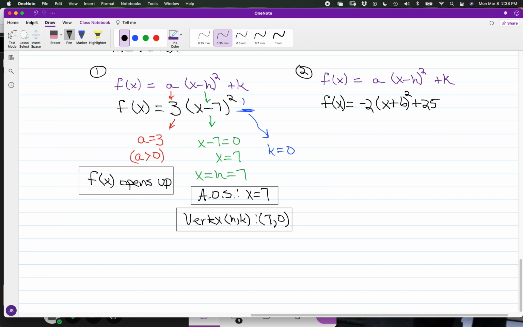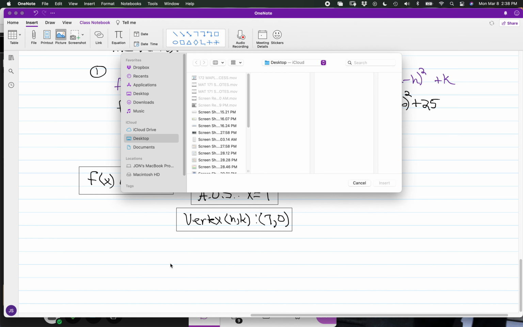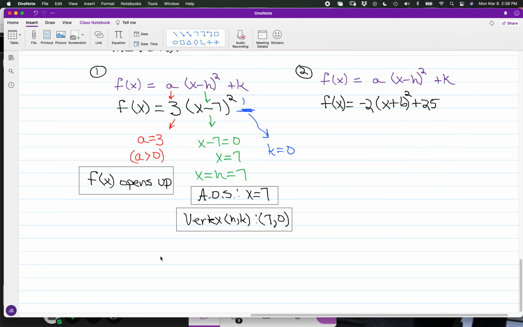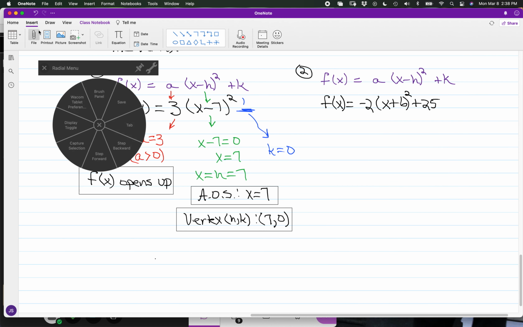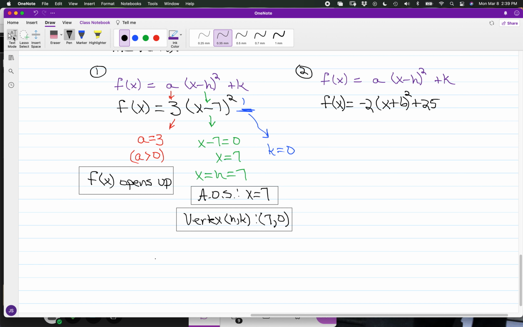So looking at what we have among the features for this particular quadratic function.